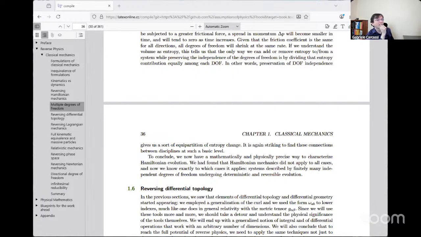Artem? Yeah, my question is a bit unrelated, but here we define determinism and reversibility as a stronger condition: not only do you map points to points and then you can go back, but you also preserve volume in phase space, right?